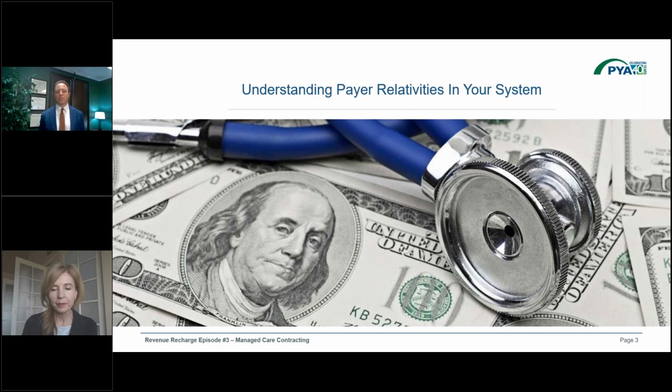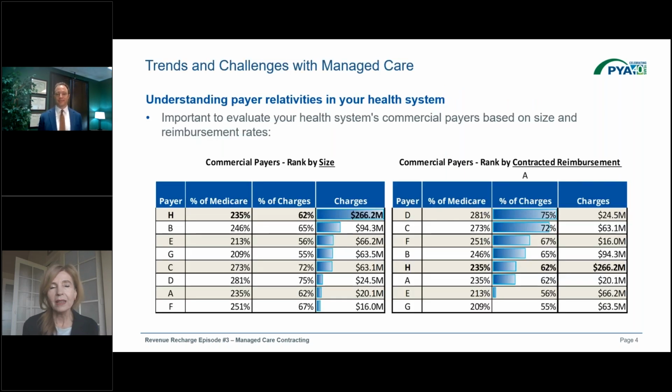Jane, can you describe a starting point for health systems to evaluate the current agreements they have with commercial payers? Yes, one of the things that we like to do is to level set payer reimbursement as it compares to each other.